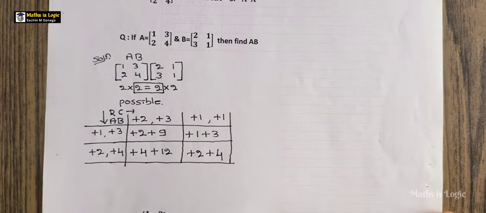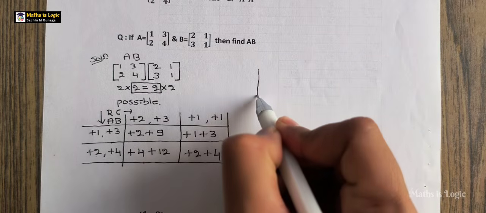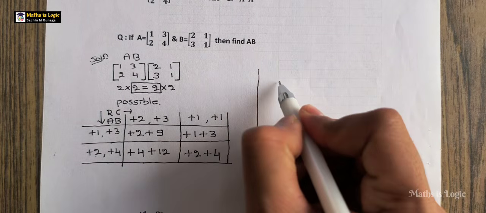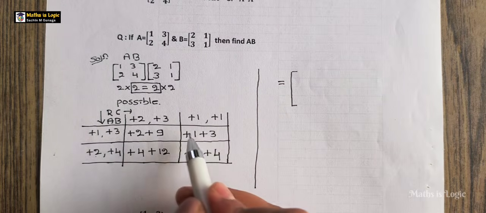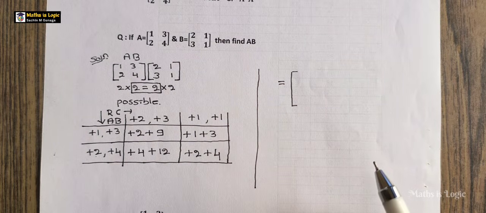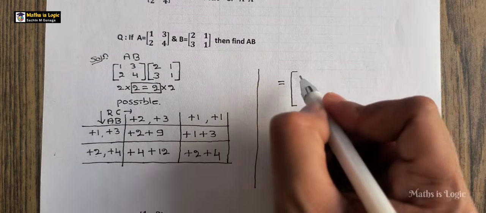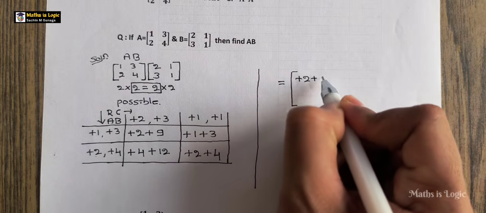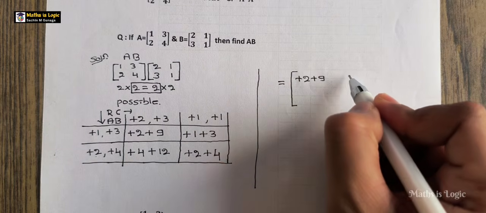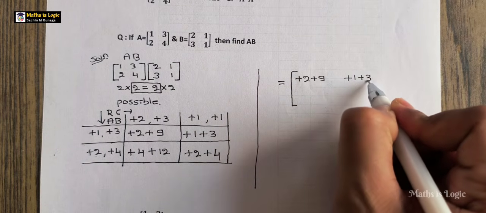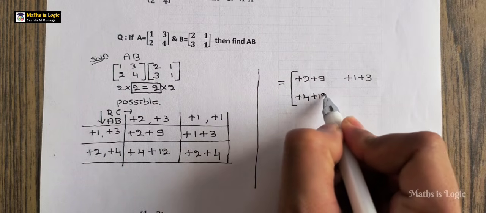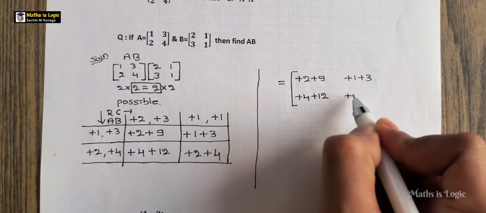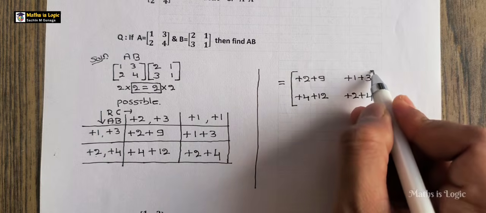Next, after doing the multiplication, in matrix form these values as it is we need to write, that is plus 2 plus 9, next plus 1 plus 3, next plus 4 plus 12, next plus 2 plus 4.